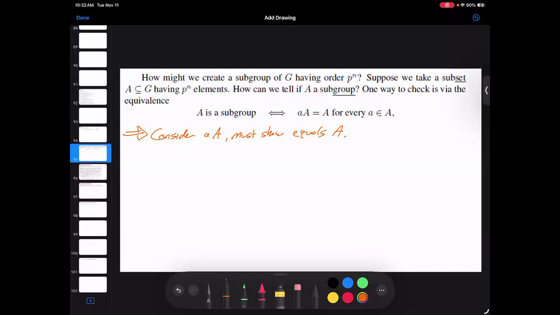So choose an x in A, and we must find an x tilde such that a x tilde equals x. Any thoughts on what x tilde would work? x tilde has to be in A. So you are right that closure is going to help us. What should we take x tilde to be?